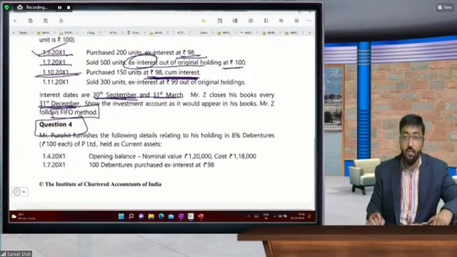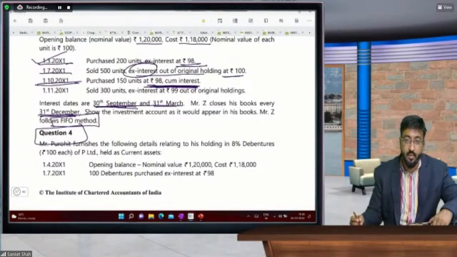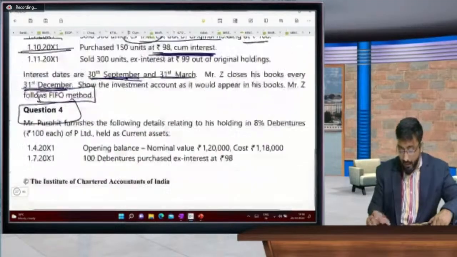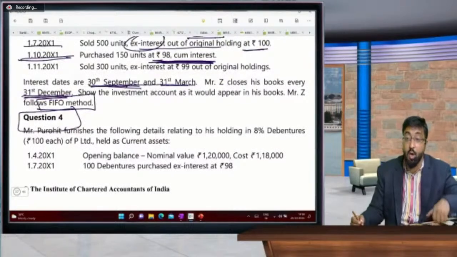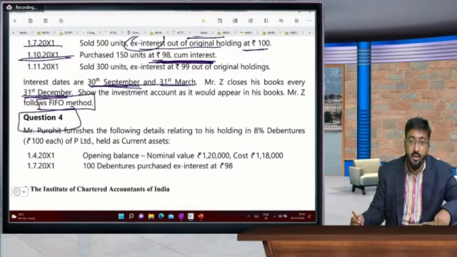Come to question number 4. Now, beta, I'm giving you a simple technique instead of writing the sequence. Now, everyone, please focus. What is the best part of this question?